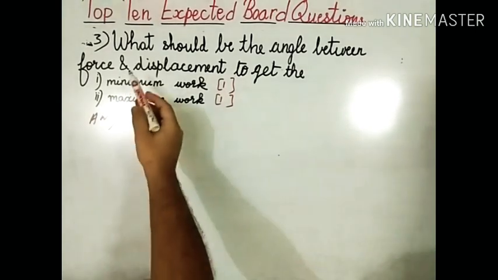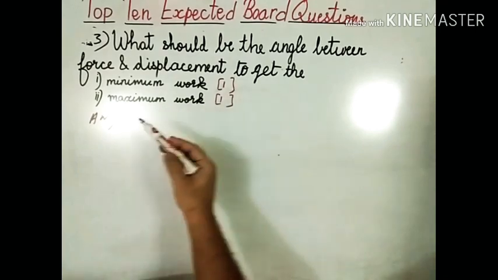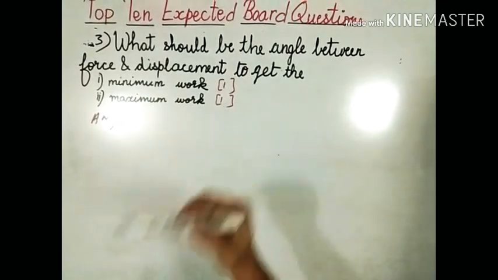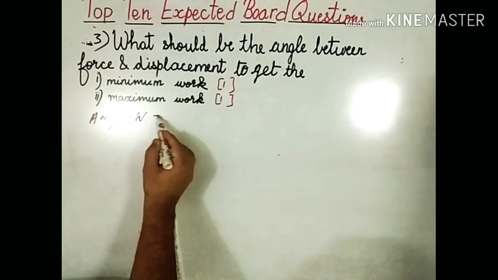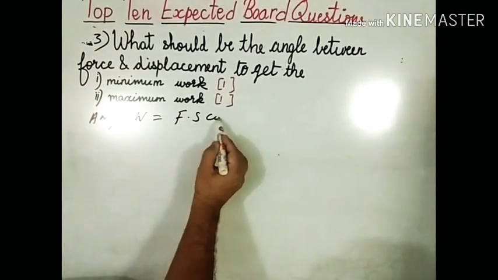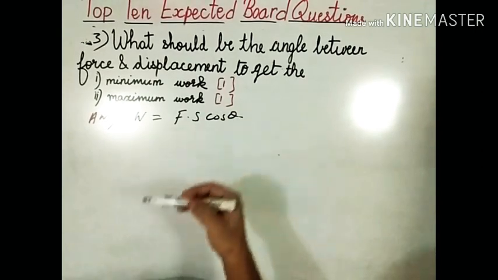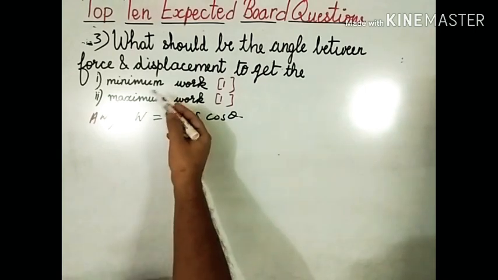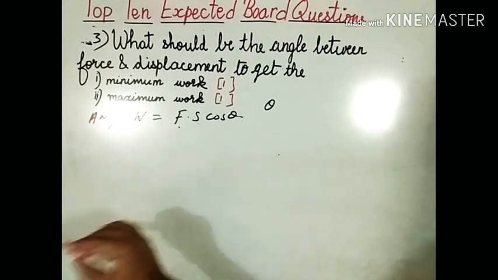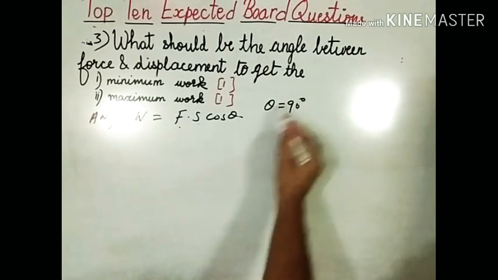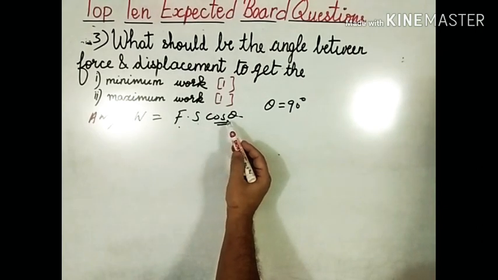Next question. What should be the angle between force and displacement to get the minimum work and maximum work? 1 plus 1, 2 marks. To get the minimum work, we know that the formula for work done is W equal to F s cos theta. Whenever you get such a question, please write the formula and explain. So to get the minimum work, the angle between force and displacement should be 90 degree, because cos 90 is 0.